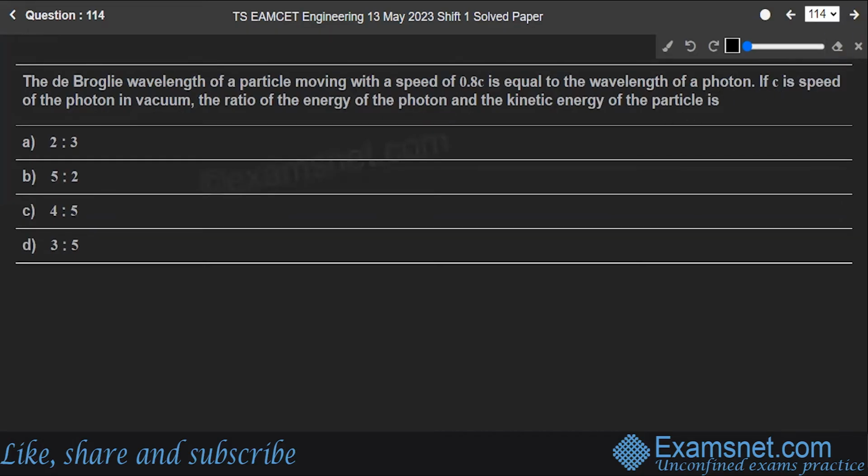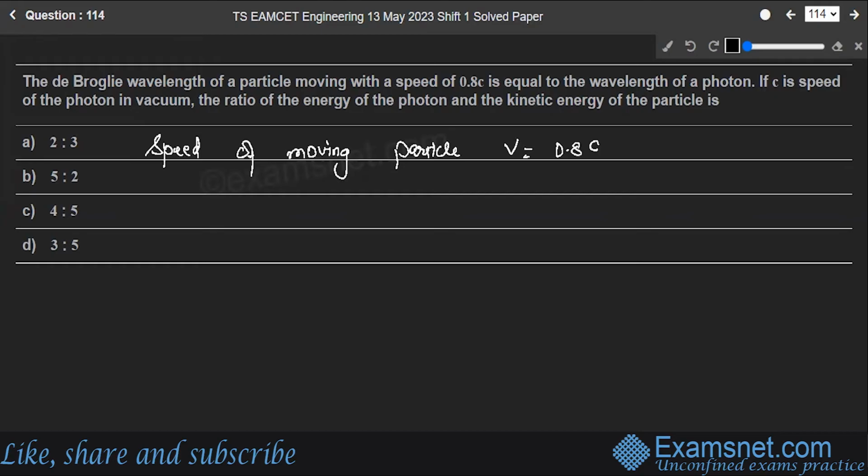So you're given here the speed of the moving particle. Let's write: speed of the moving particle v is equal to 0.8 c.